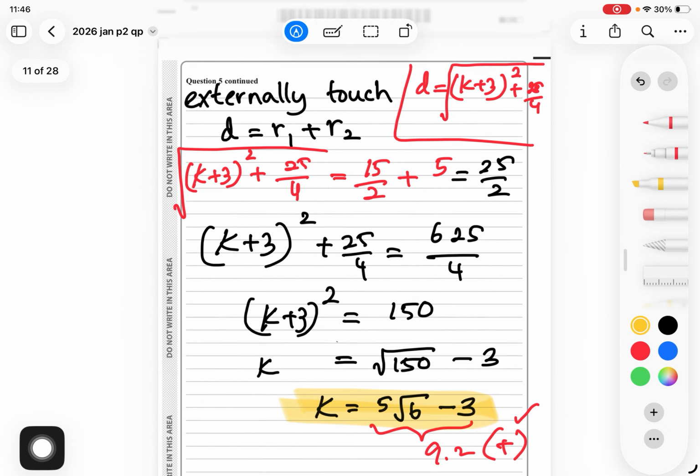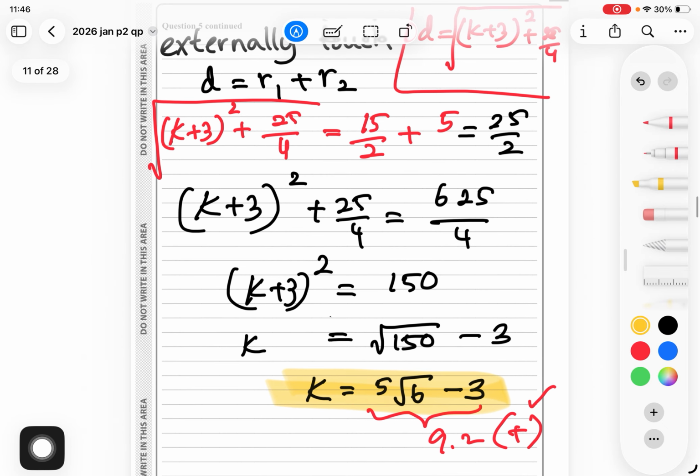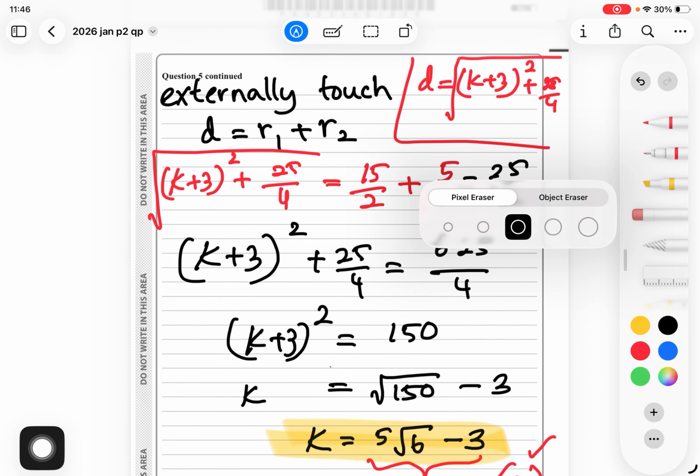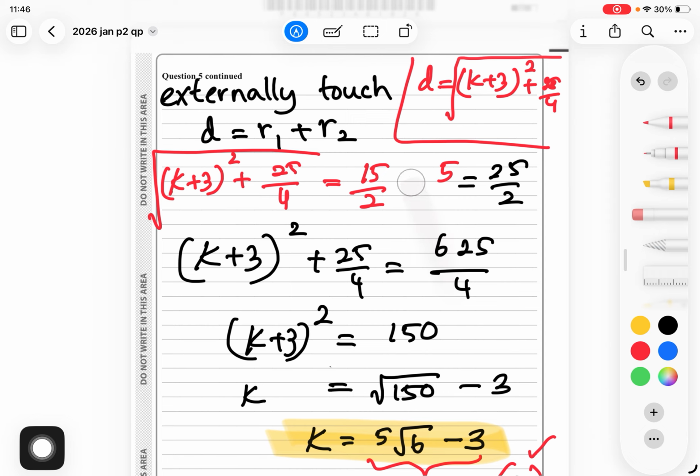Once the external touch part is done, let me quickly go to the internal touch. I'm going to quickly show you without wasting time, so I'll do the working only here. When they touch internally, it will be subtraction.